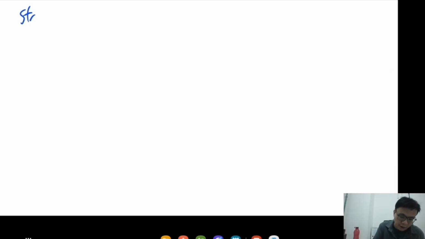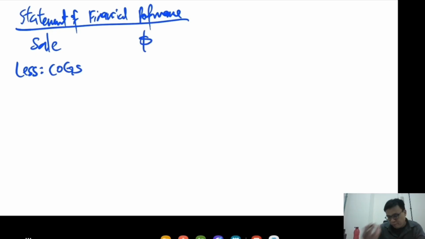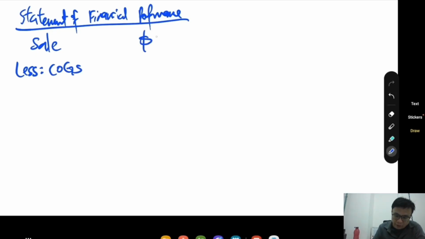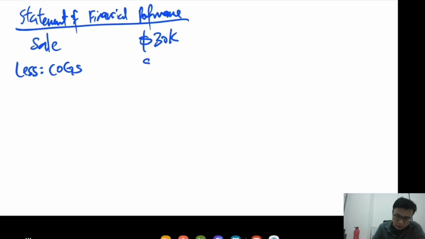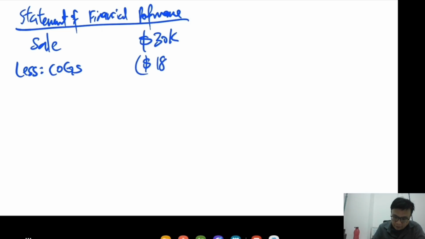So under the statement of financial performance, we have sales. After that, we have less cost of goods sold. For example, ballpark values are 30K sales and cost of goods sold 18K.